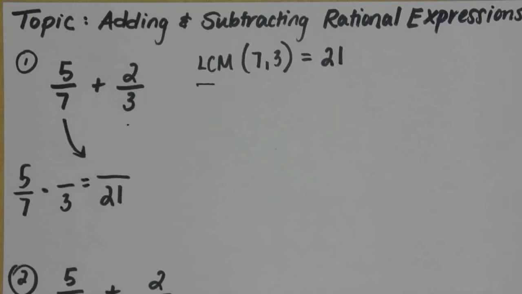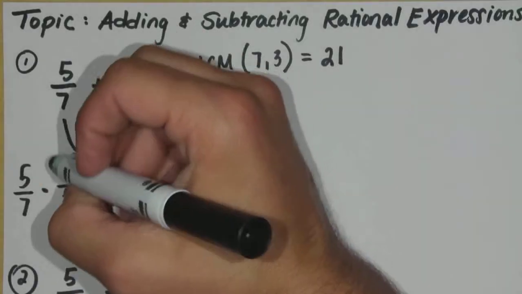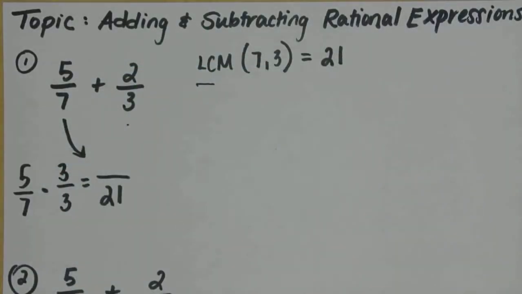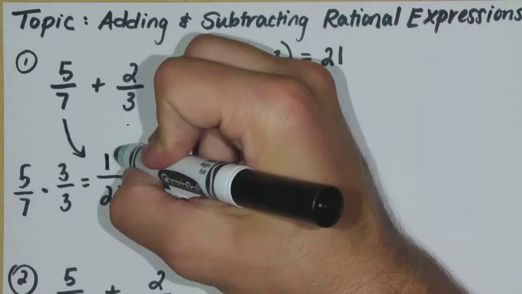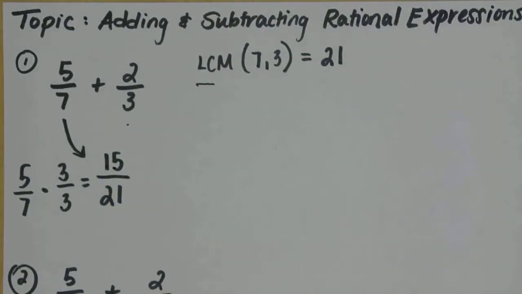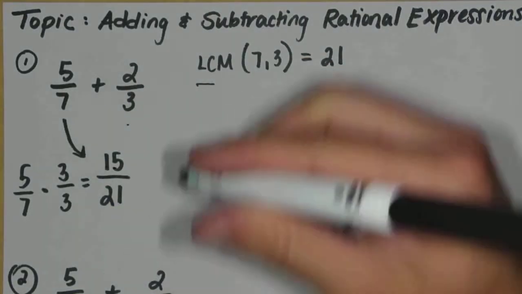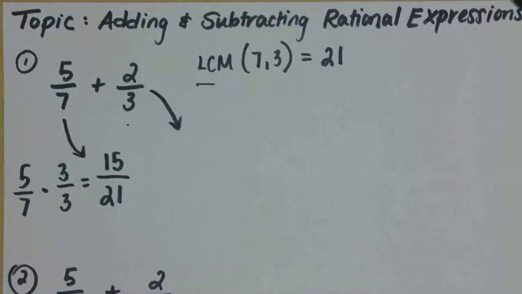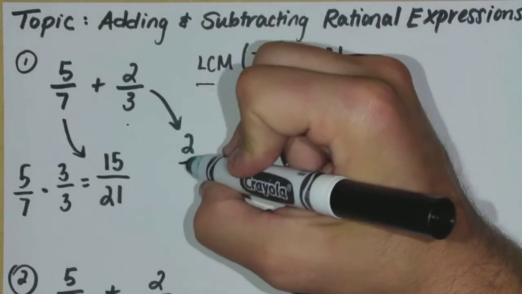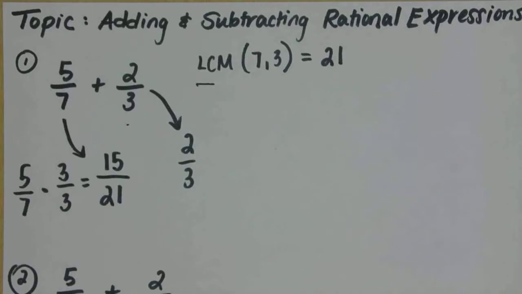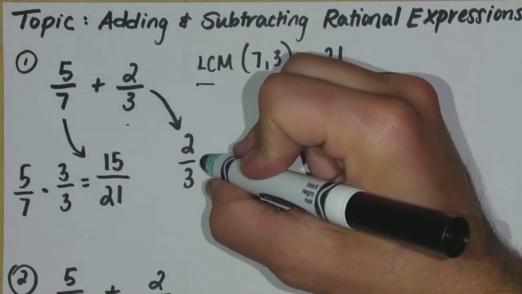Here, if I want to multiply by 1, 3 over 3 is the same thing as 1, because anything divided by itself is just 1. That means 5 over 7 is the same thing as 15 over 21. Then I can do a similar thing for 2 over 3: what do I need to multiply by to turn that 3 into 21?